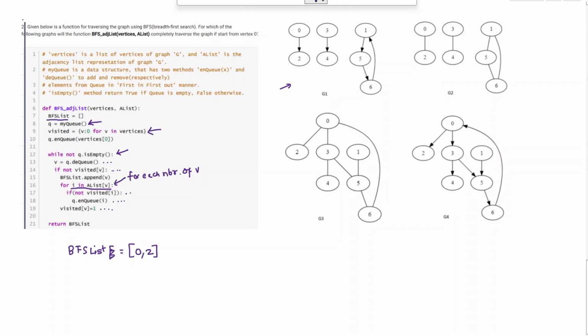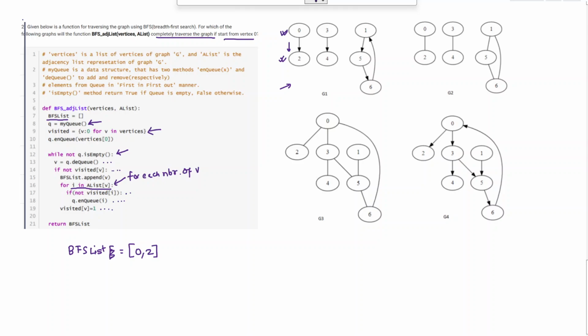It will not visit 3, 4, 1, 5 or 6, because the question says for which of the following graphs will this function completely traverse the graph if we start from vertex 0. And for this it will not completely traverse, because 0 will be visited, then 2 will be visited, but the others will remain unvisited.